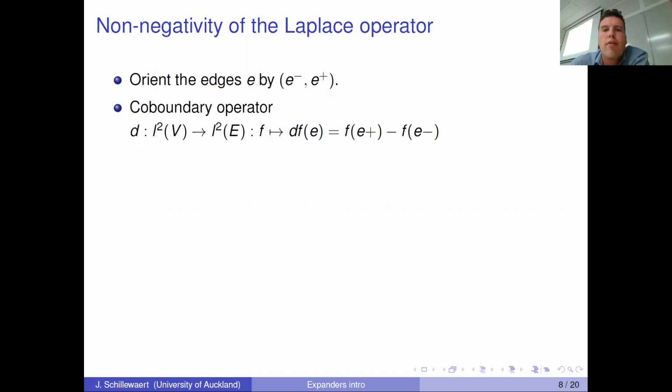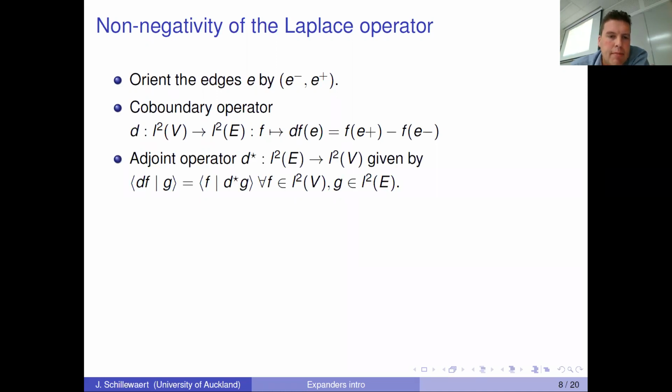I need to use my function f on the vertices, and the way I do this is by saying that df of the edge E is f of the finishing point minus f of the starting point. The details are all not so important for now, but I have associated to f a function df.